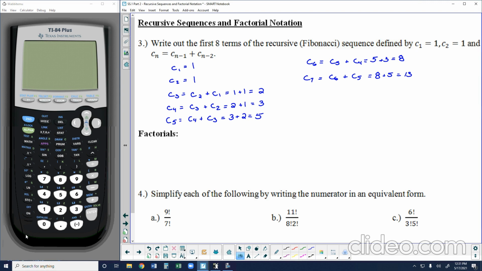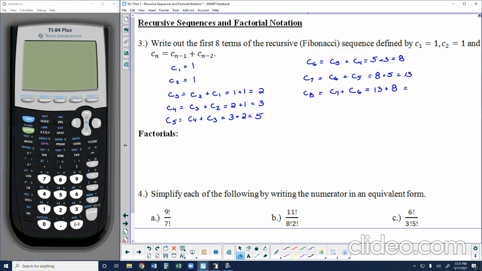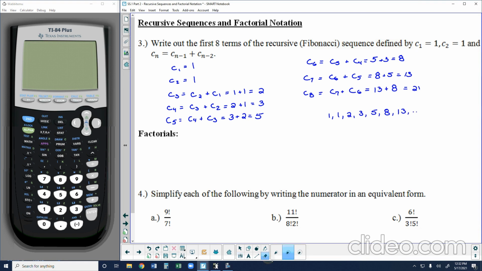The 8th term, if you have found it by now, would be the 7th term plus the 6th term. The 7th term was 13. The 6th term was 8. So the 8th term is 21. And so the first 8 terms of this sequence would be 1, 1, 2, 3, 5, 8, 13, and 21.